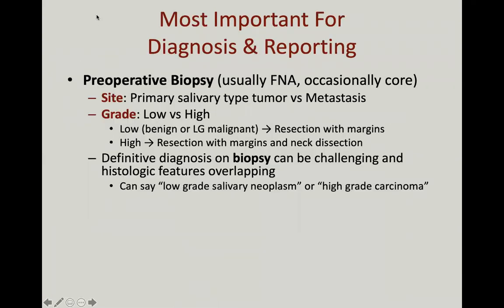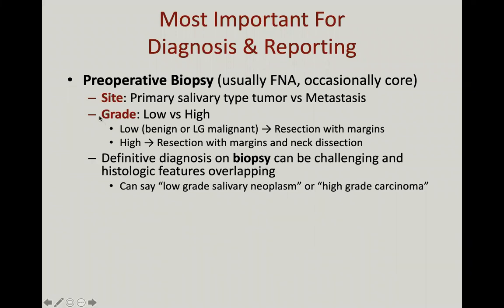What's most important on biopsy versus resection are the following. So biopsy is often FNA, but not infrequently could also be a core. What's important is to determine, is this a primary salivary type of tumor or a metastasis? Because as we know, some of your major salivary glands can have lymph nodes in and around them, to which other tumors can metastasize.